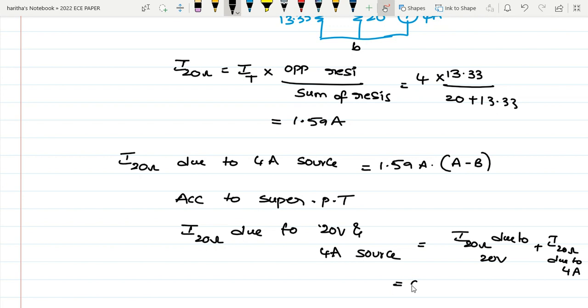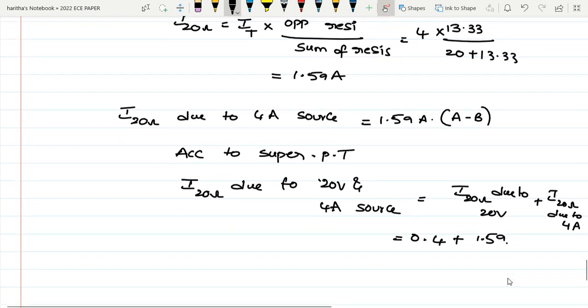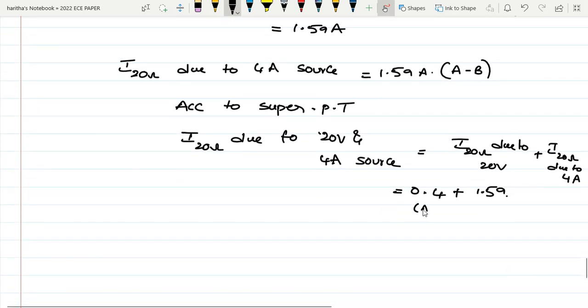So it is equal to 0.4 plus 1.59. See, in the two cases, the current direction is A to B only, so you can directly add. Suppose this 1.59 ampere current is flowing from B to A, then you have to change it to A to B by changing the sign. If it is plus, change it to minus. These two must be in the same direction, then only you can add. So then it is 1.99 ampere. This is the final answer, the current passing through 20 ohm.